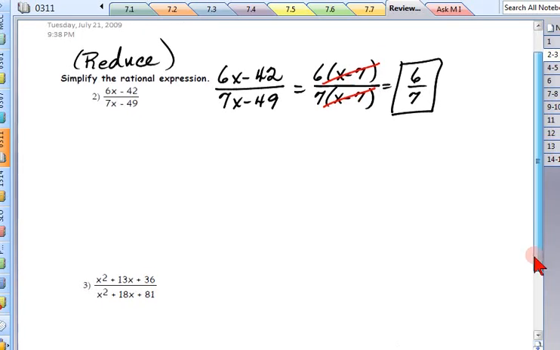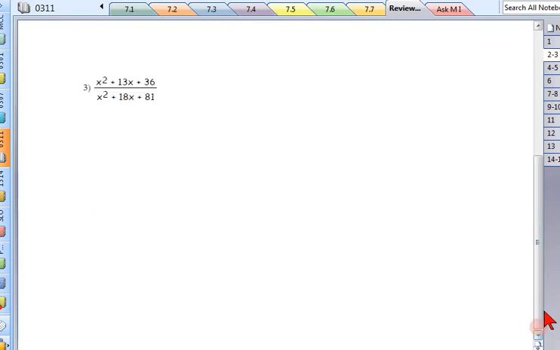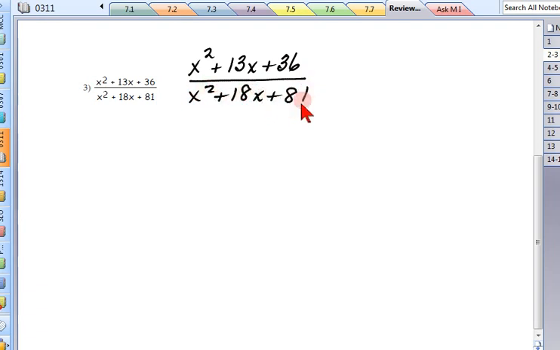All right, let's look at the second one that is still about reducing. And it has x squared plus 13x plus 36 over x squared plus 18x plus 81. Now, in this review, I'm going to go pretty rapidly through the factoring without doing a lot of discussion about it.